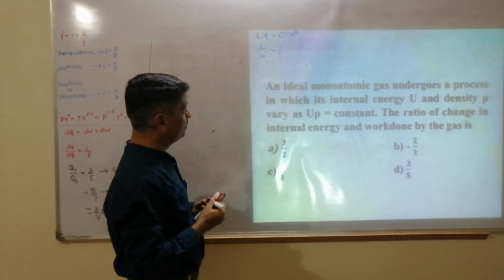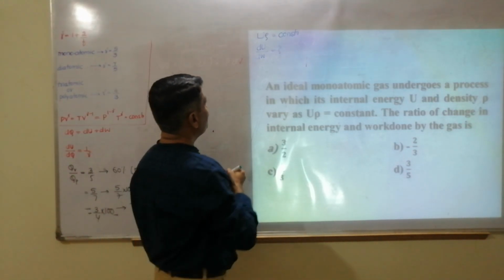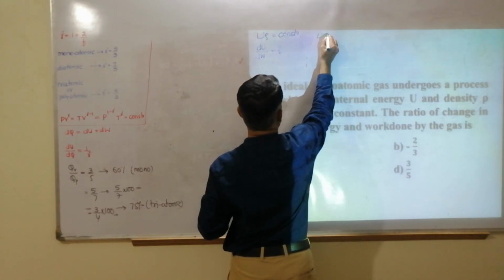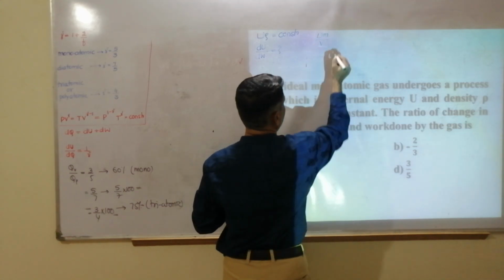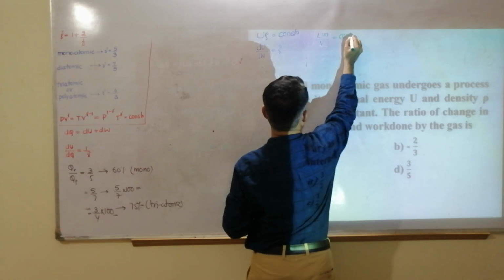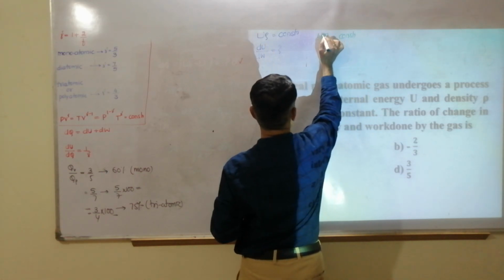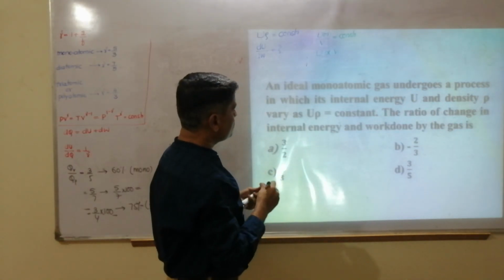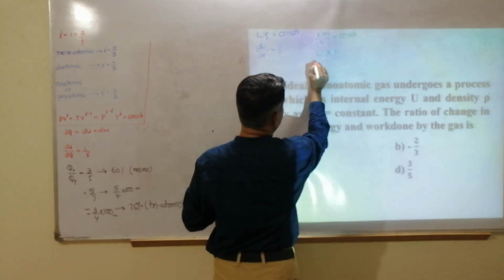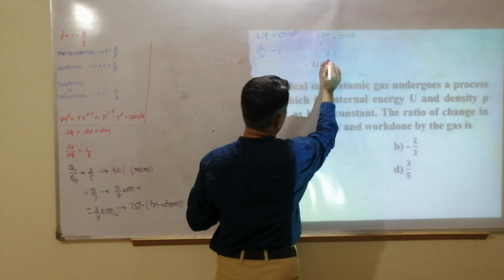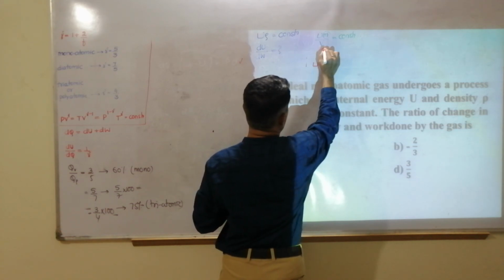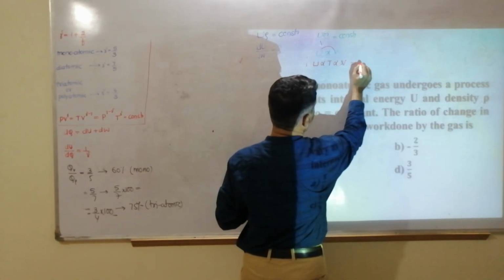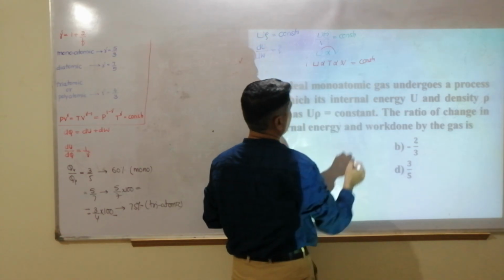I'll expand here: density is mass divided by volume, so U times m/V is constant. Since m is constant, I can say U is proportional to volume.